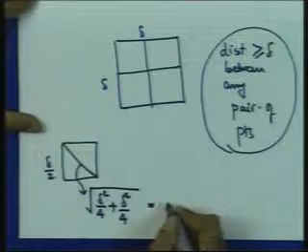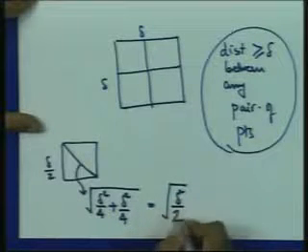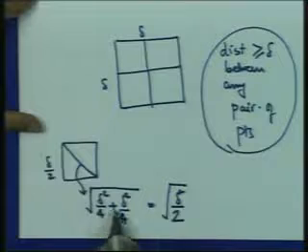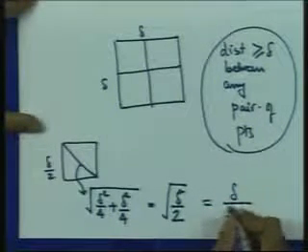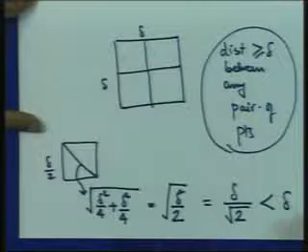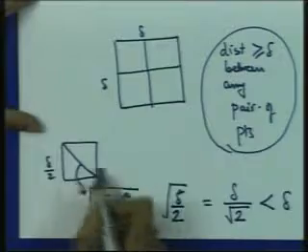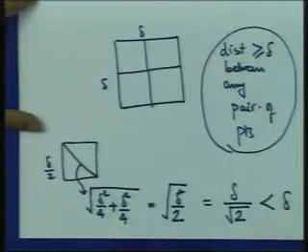So this is square root of delta squared by 2, right? It's just twice this, which is nothing but delta by square root 2, which is strictly less than delta, which is what we want.